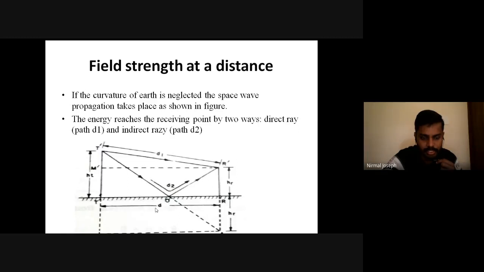That is nothing but the distance between transmitter and receiver, or d. So we can calculate D1 based on the Pythagoras theorem: M dash T dash whole square plus M dash R dash, or d square. So D1 we got already.